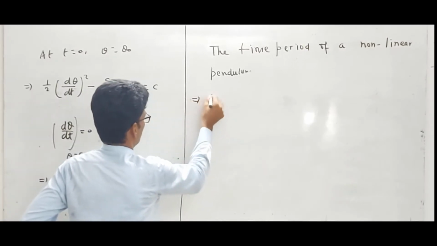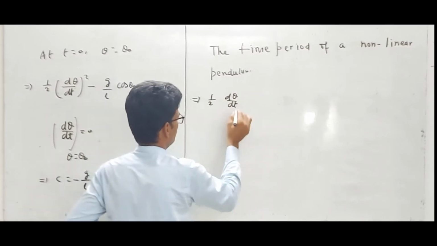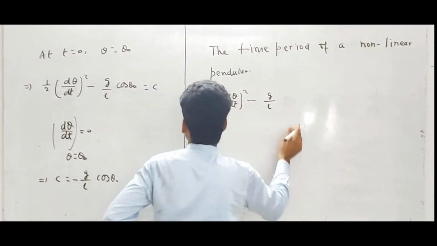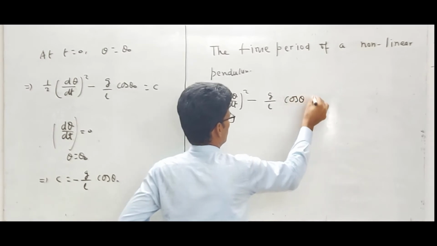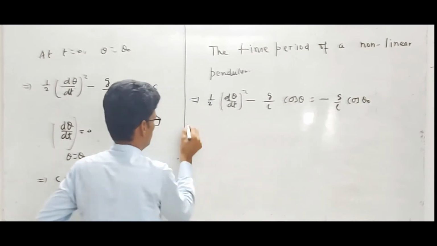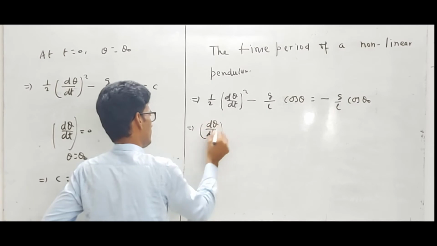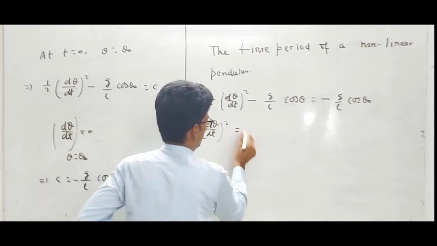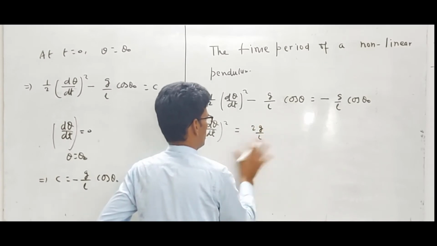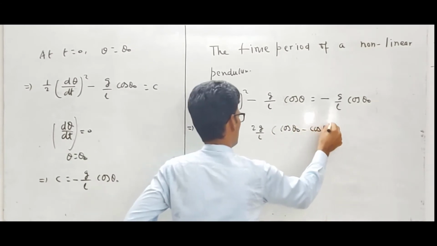So now this implies half (d theta by dt) whole square minus g by L cos theta is equal to minus g by L cos theta naught. This implies (d theta by dt) whole square is equal to twice g by L taken out, now becomes cos theta naught minus cos theta.